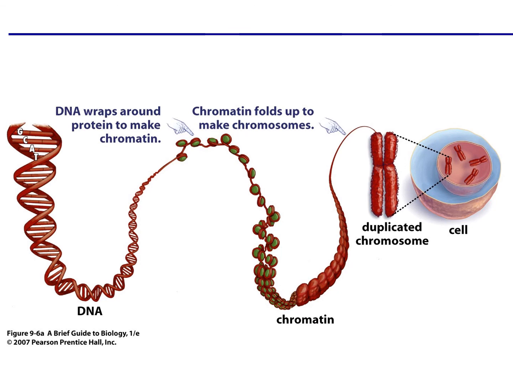And when it's time to divide, that chromatin gets even further compact into very short, dense bodies called chromosomes. And when you see an image of a chromosome, it will typically have 2 equal parts to it, and those represent the 2 copies of the DNA, that replication that happened prior to division.